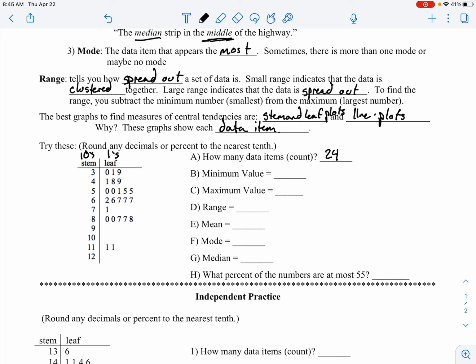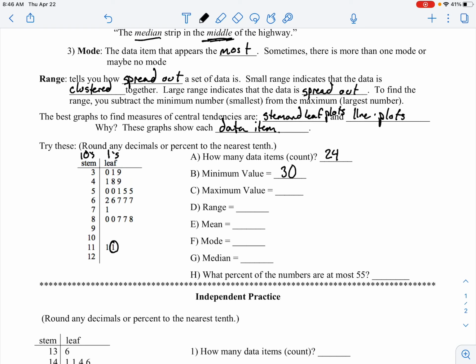We can also figure out some easy stuff here. Our minimum value is going to be the very first number in our set. Our stem is 3, which means it is a number in the 30s, and our leaf is 0, so our minimum value is 30. And then what is our maximum value?